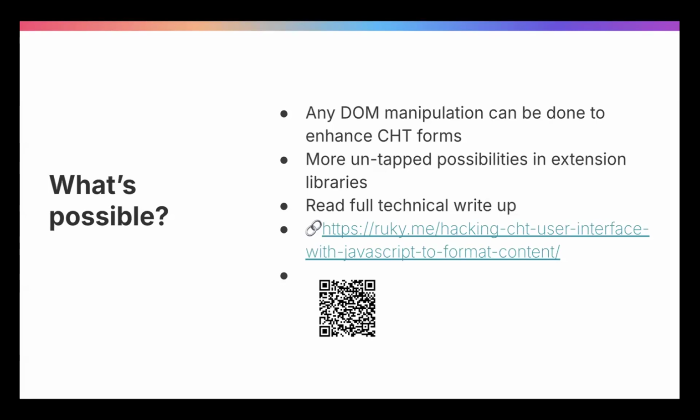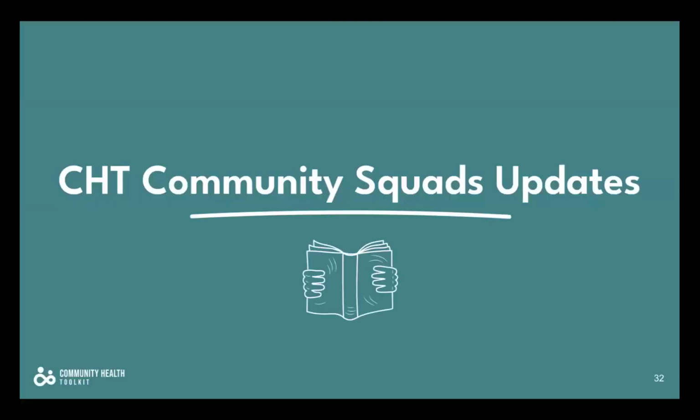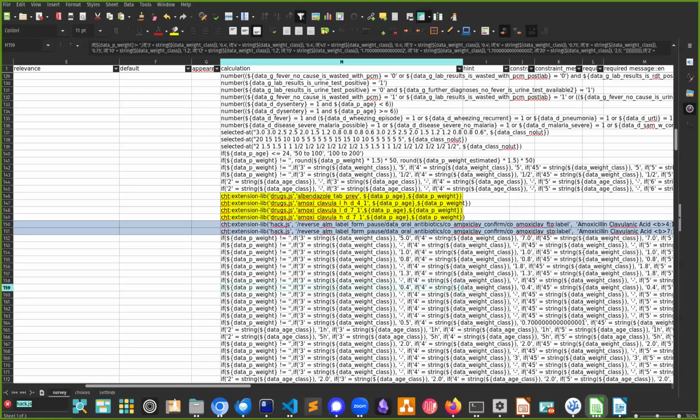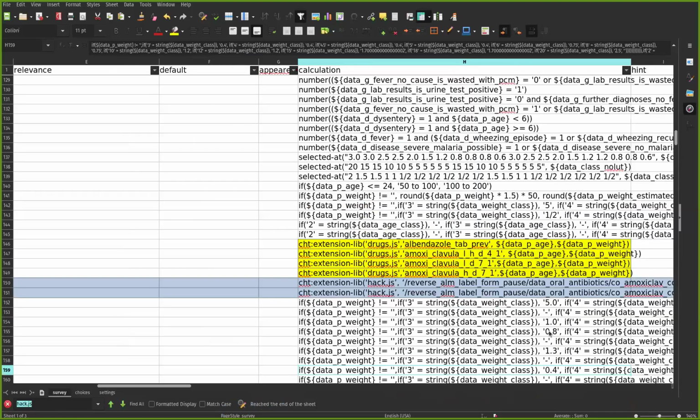Next slide, Anthony. This is the last slide. Yes, I will quickly share my screen to show how we inject the extension library into the Excel form. So if you can see my screen, you can see that we use the CHT extension library.